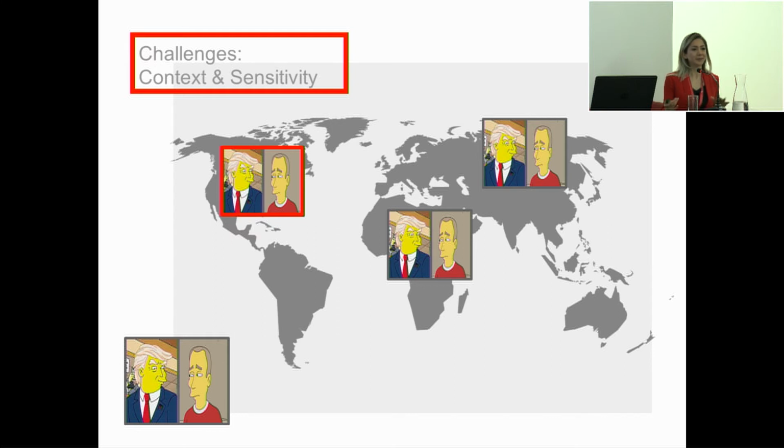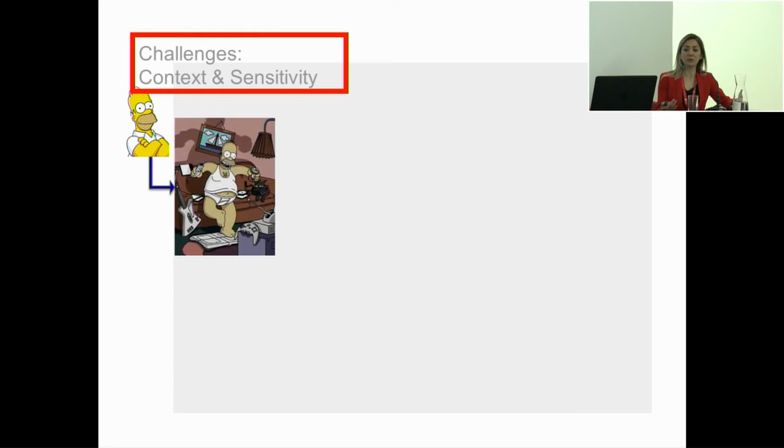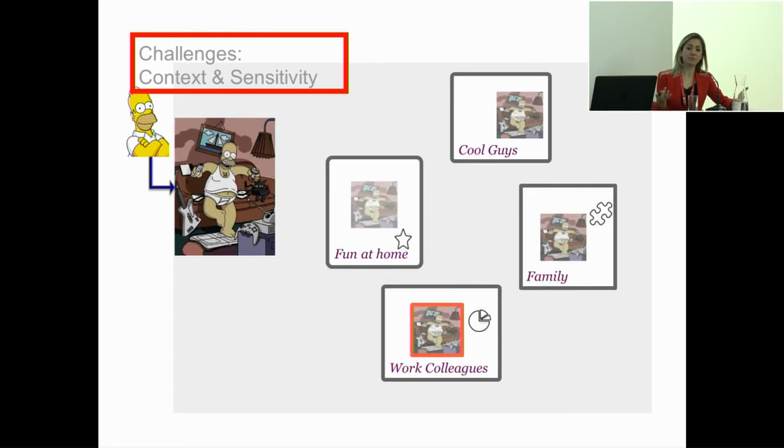I hope that the scenario is clear, but we could also go into another scenario where a very simple user of social media wants to share a photo of doing something fun at home. The problem is that it is so easy to disclose this photo in different contexts. However, it's only in a particular context that this photo suddenly becomes sensitive.